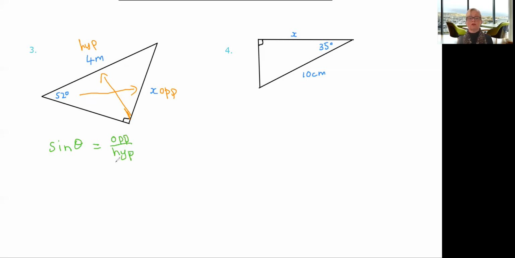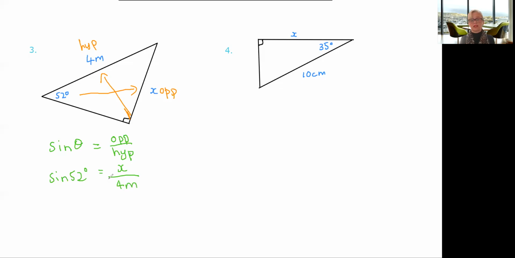So we start off labeling our sides, then we choose which rule is appropriate, then we write down the rule. Now we're going to substitute in. So our theta in this case is 52 degrees. Our opposite side is our x. Our 4 metres is our hypotenuse.